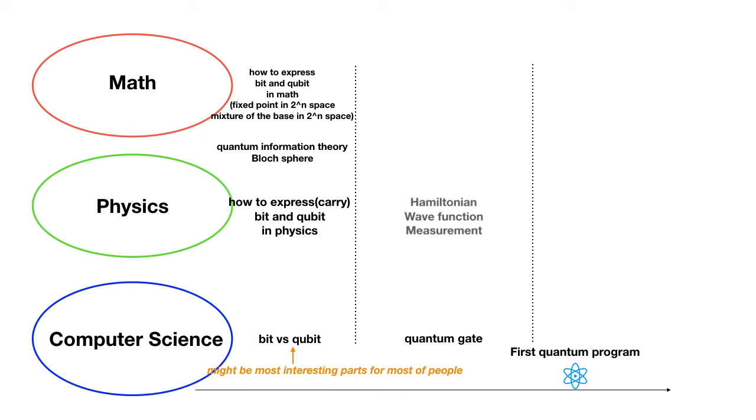Measurement means that we can get the particular state of our system, because for a quantum system we don't know its actual status if we don't measure it, and when we measure it, it collapses into a particular state.